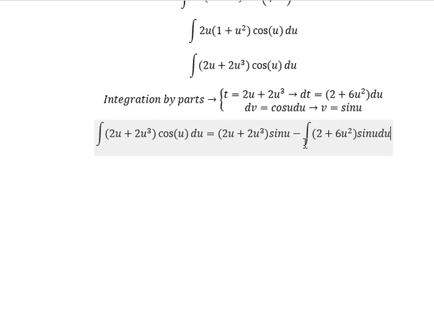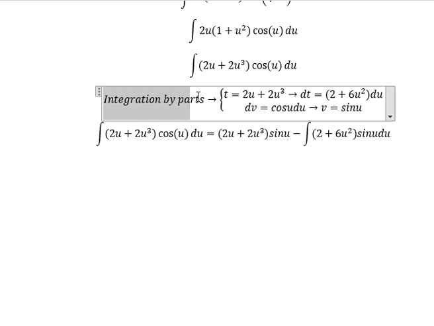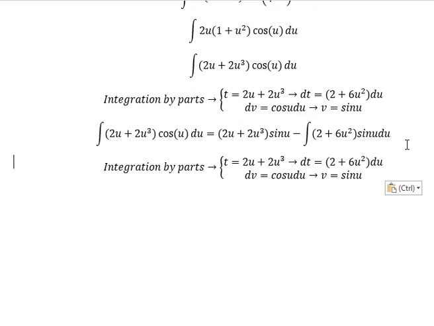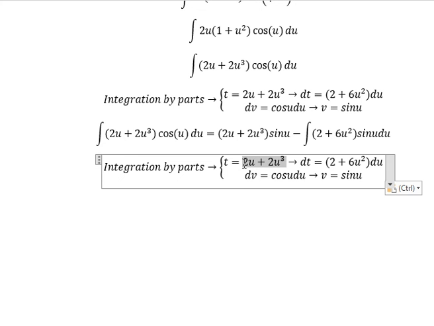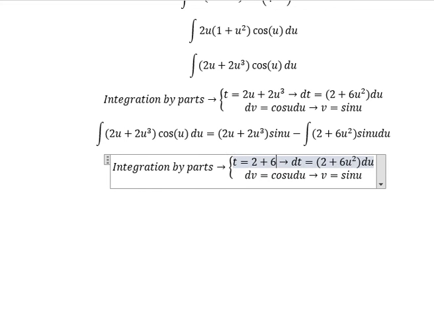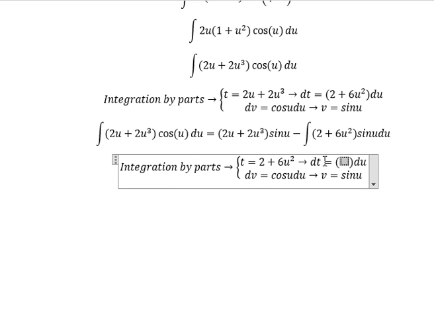Now we need to find this integration. So we use integration by parts, and we need to change this one into 2 plus 6u square. If we do first derivative for both sides, you will got 12u. This one we change for sine. So if we do this integration, we got negative cosine u.